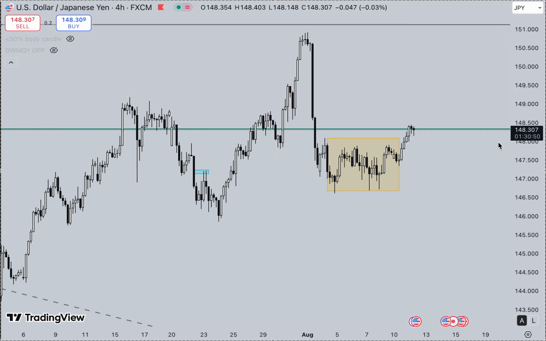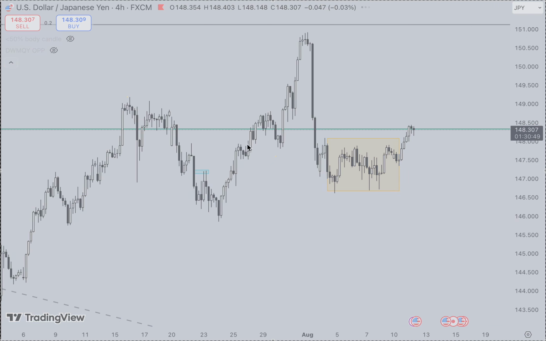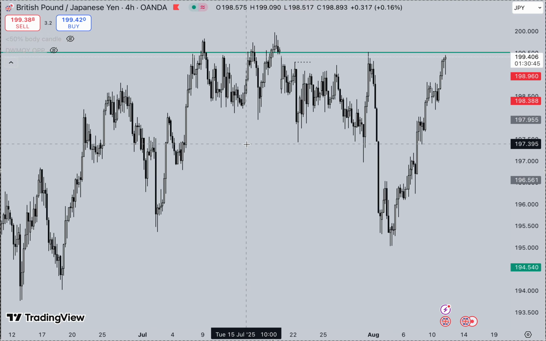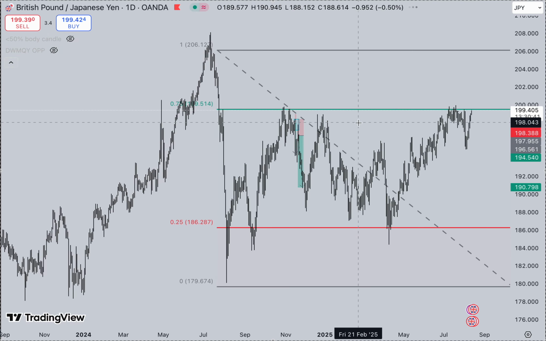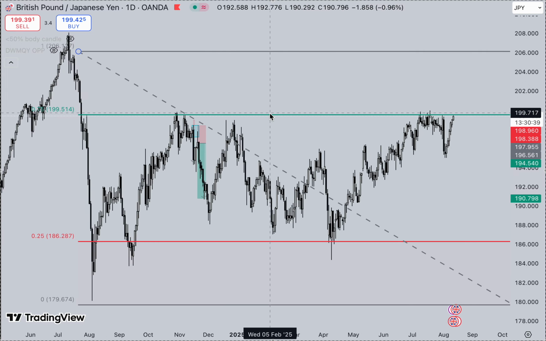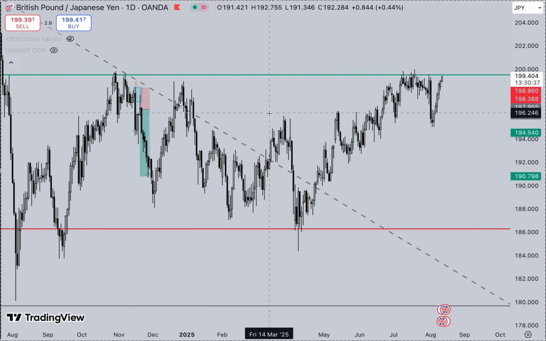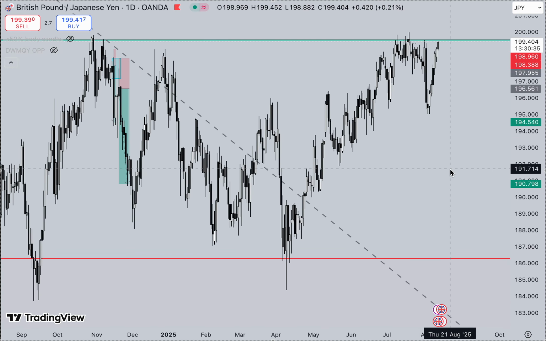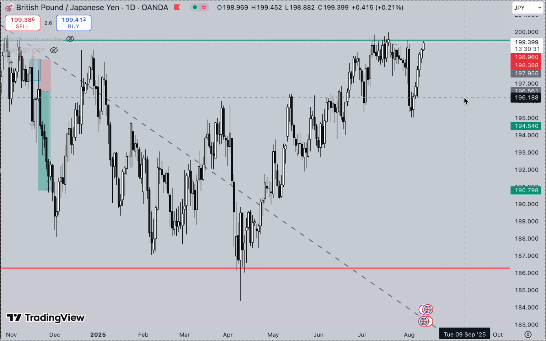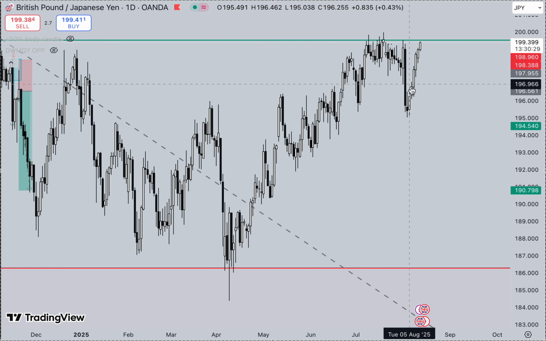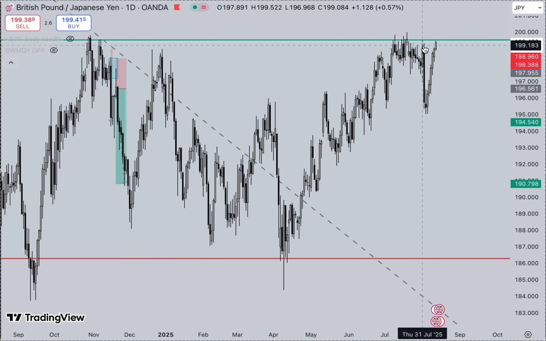Okay, all right then. So finally, let's look at GBP JPY. GBP JPY, similar story also. We're in a consolidation, and now we've come to the 0.75. So it's quite fine for us to start looking for sells, but we want that confirmation. The first thing we can see is once we came here, we grabbed this liquidity on the daily, and then gave us this V-shaped reversal back into the highs.